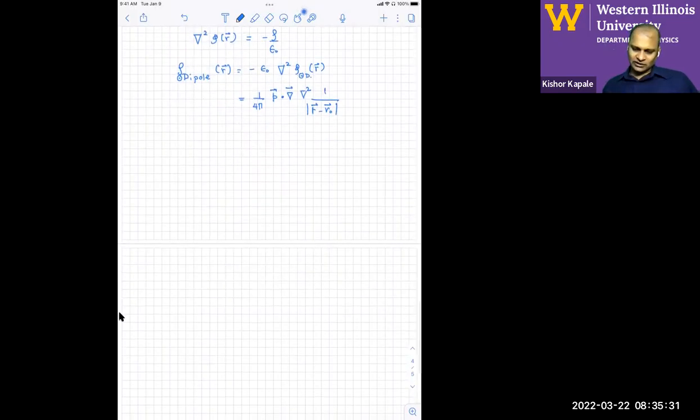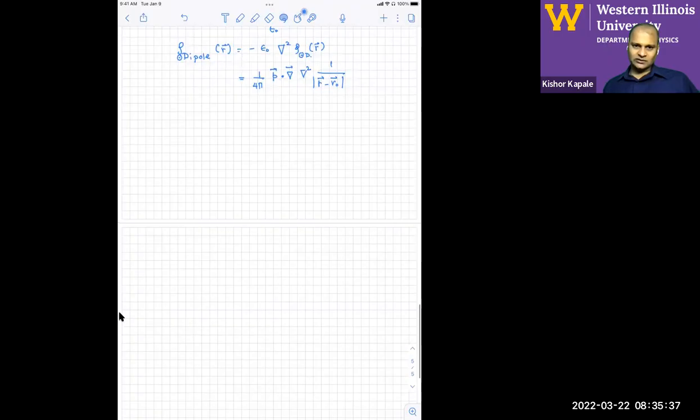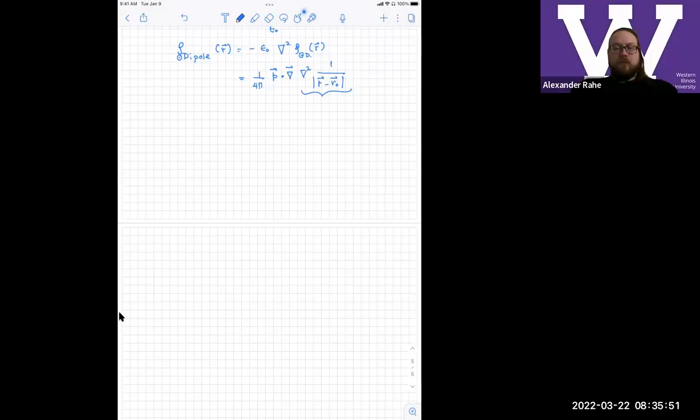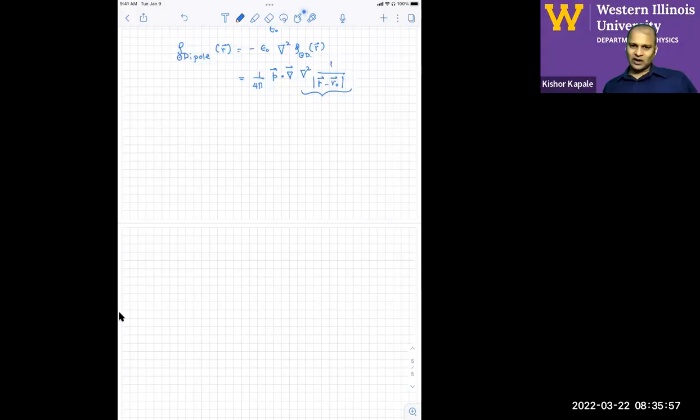Okay, so no magic yet. In fact, there should be no magic anytime. I may skip a few steps, but there's no magic, right? So that's what is going on. Now, this quantity is something you are all familiar with, right? Anybody remembers what that looks like? This is coming from chapter 1, right?